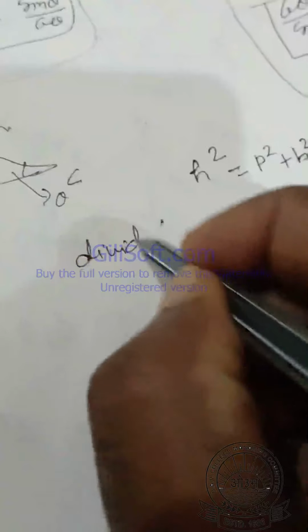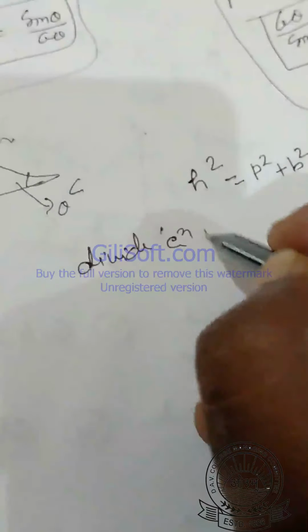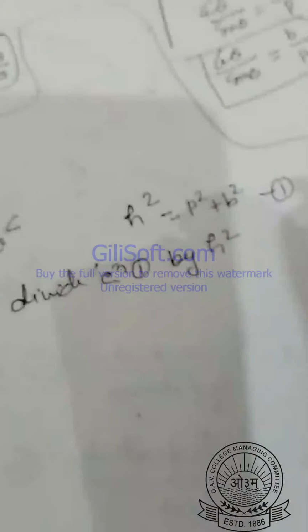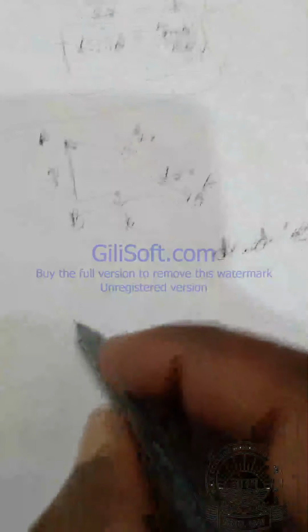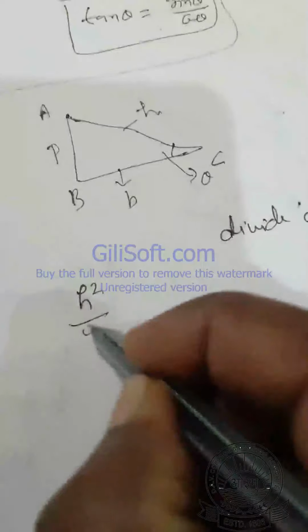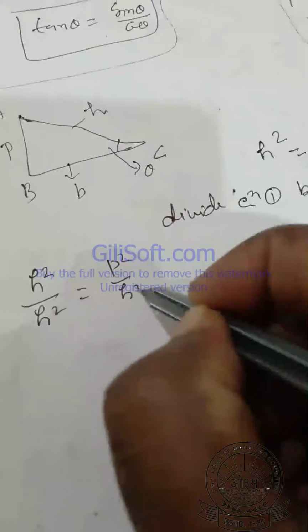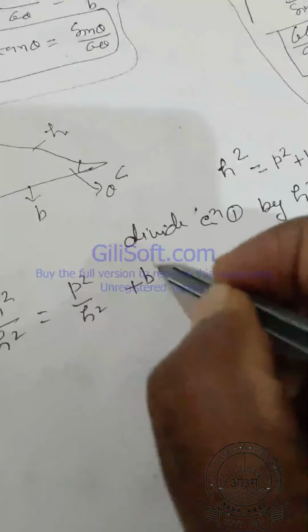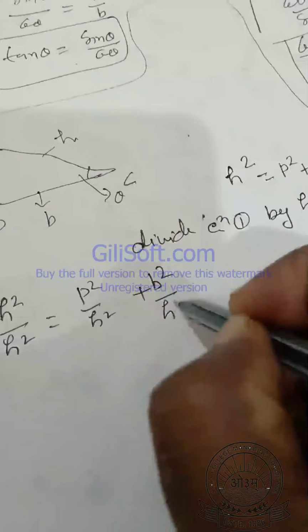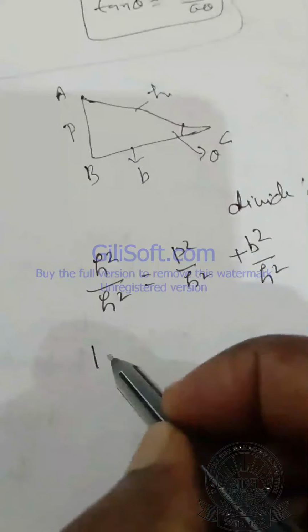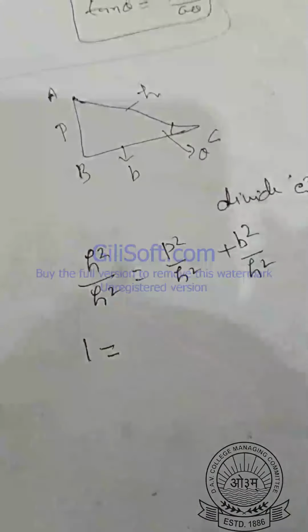Now divide equation 1 by h square, all terms. So we get h square by h square, now p square by h square, again b square by h square. You can see here h square will cancel.